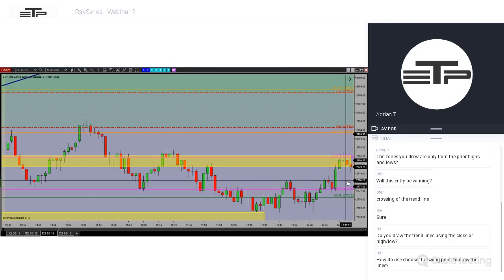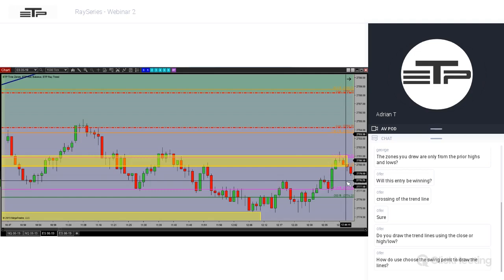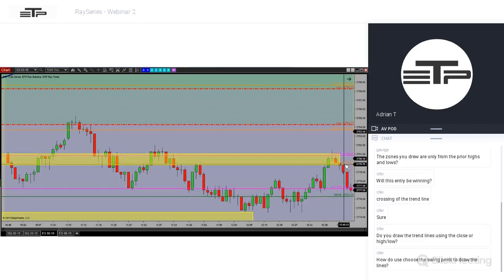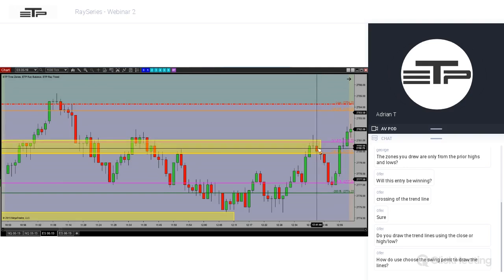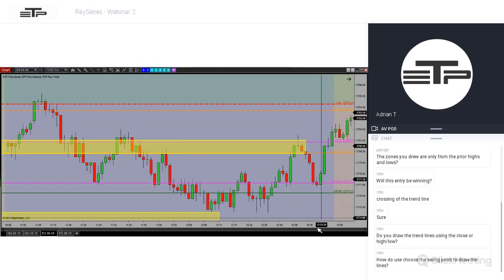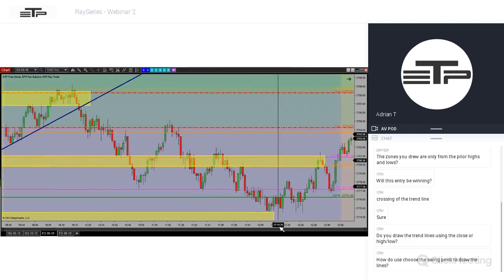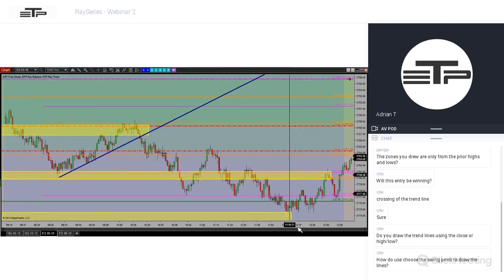So maybe we could use our aggressive entry, which would have put us short from this point. Came back, and if we would have used our one-to-one stop or taken our target at the opposing fib level, we would have hit our target. Otherwise, this has bounced off it and continued on higher.